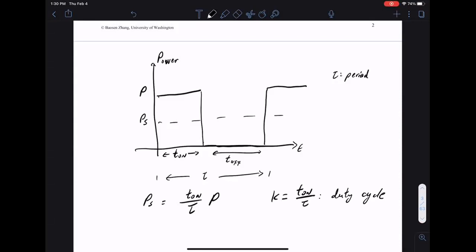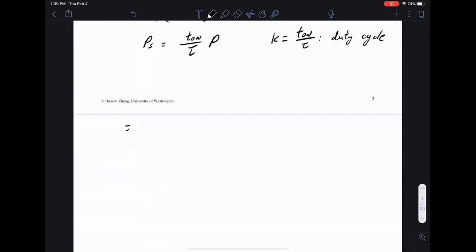If you look at energy, the average energy we output is the average power times the length of time we're looking at. Again, this is the duty cycle times the peak power times the length of time we're looking at this circuit.